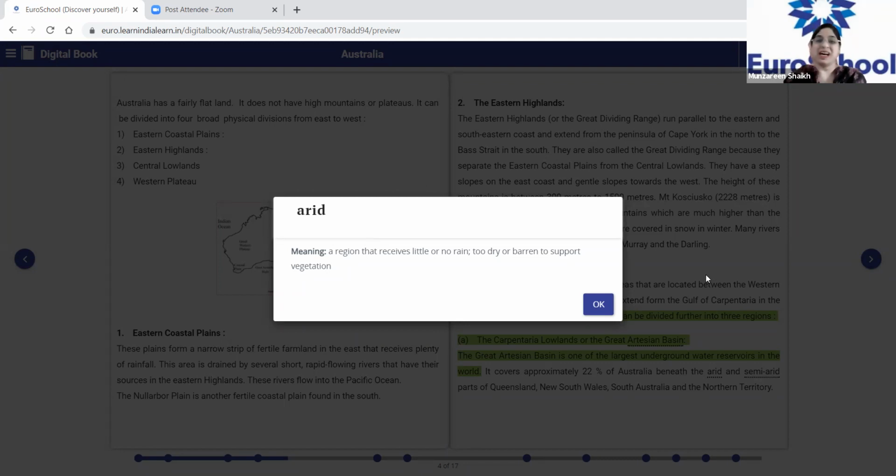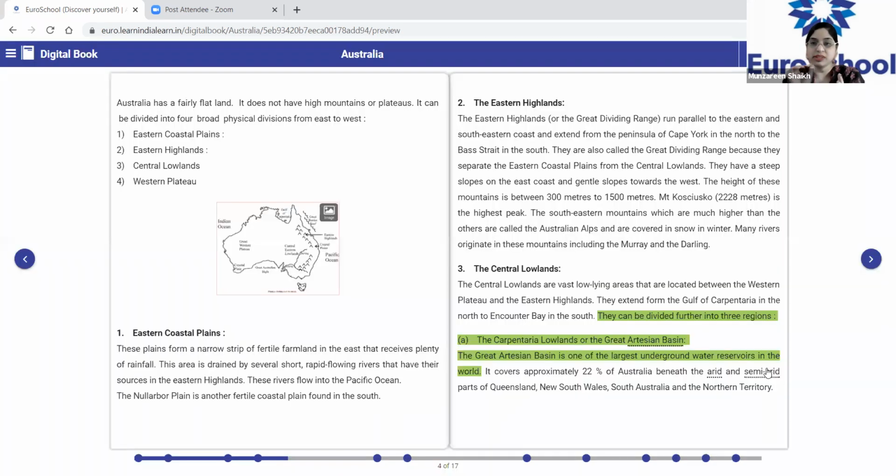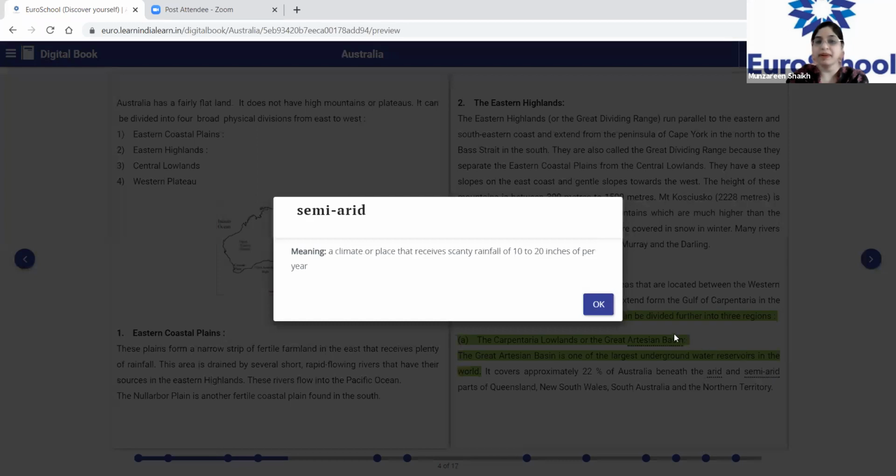Arid region means a region which hardly receives any rainfall, or which does not support any vegetation or cultivation over there. That is arid. What does semi-arid mean? If you guess the meaning from the word semi-arid, it is a climate or a place that receives scanty rainfall.